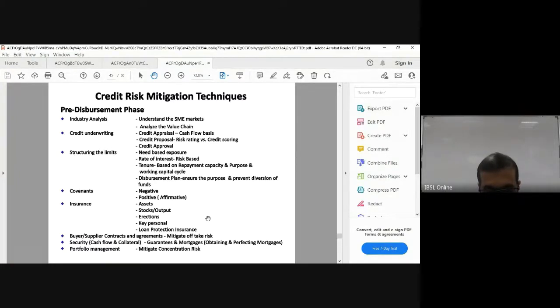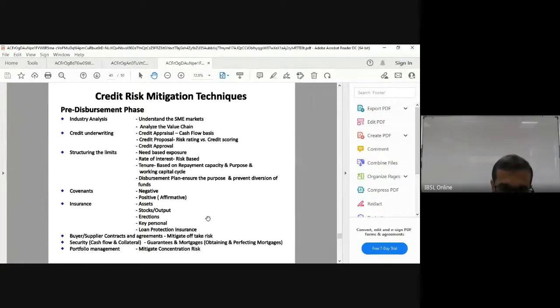And now, from this 1st of January, we can't do the NPL classification based on the securities, and you can't do the impairment based on the securities, but only based on the cash flows.